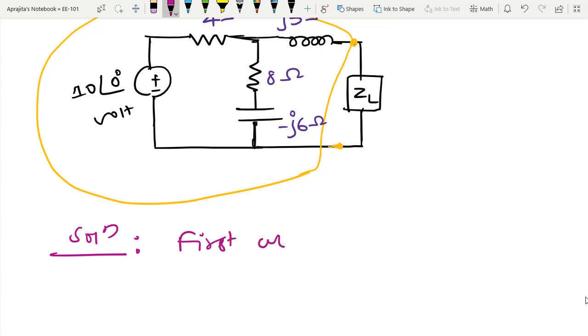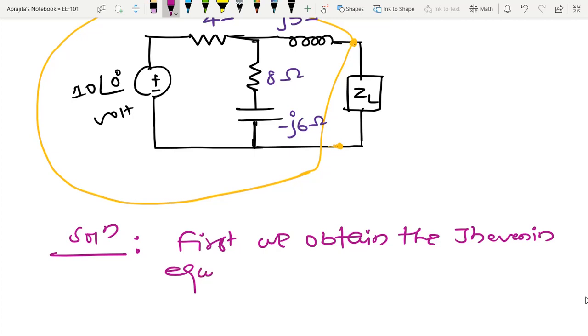First we obtain the Thevenin's equivalent at the load terminals.